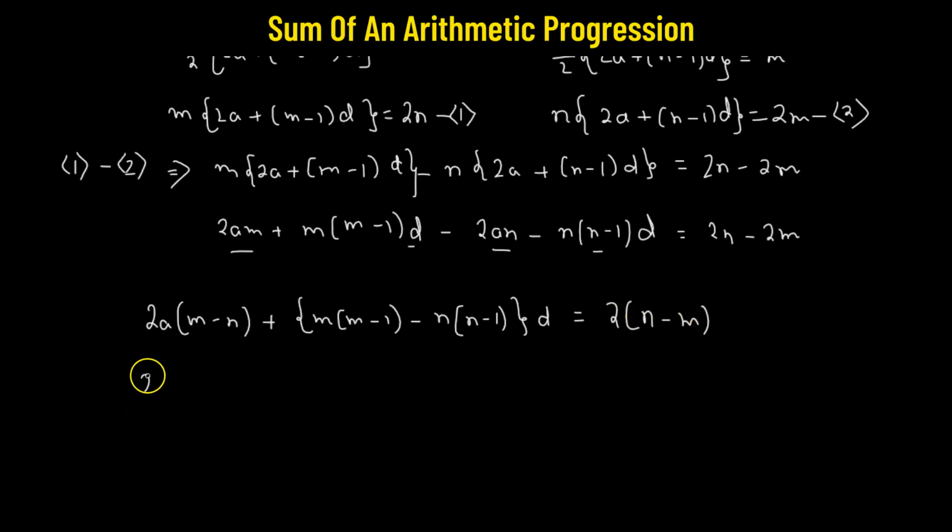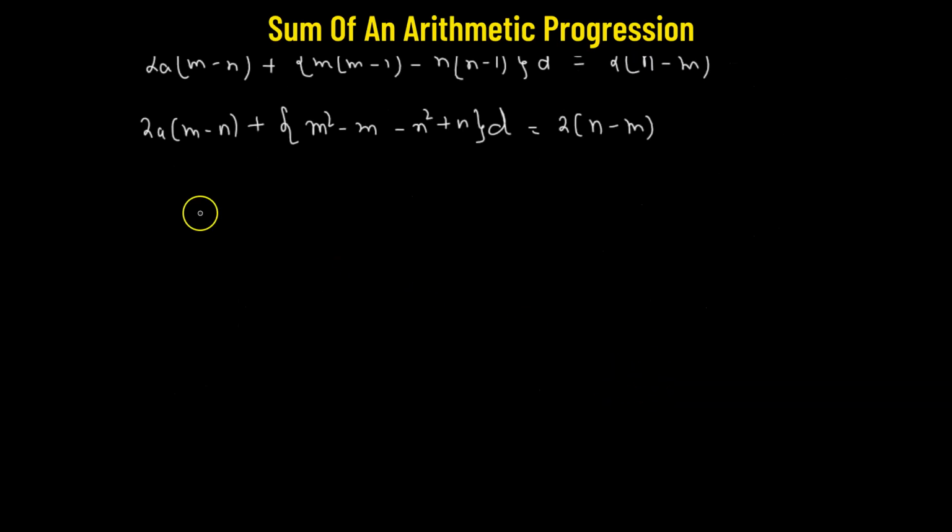Now we have 2a multiplied to m minus n plus, multiplying m with m minus 1, we'll get m squared minus m minus n squared plus n, all multiplied to d, equal to 2 multiplied to n minus m.